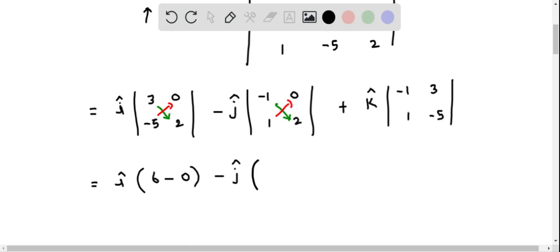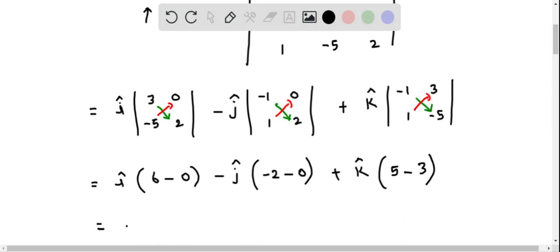So this becomes -1 times 2 is -2, minus 1 times 0 is 0. Now we do the same thing for the k component. So product of diagonal minus product of the other diagonal. And so this gives -1 times -5 is +5, minus 1 times 3 is 3.